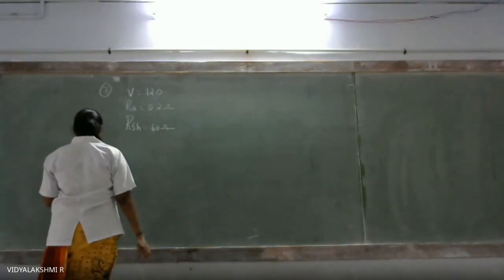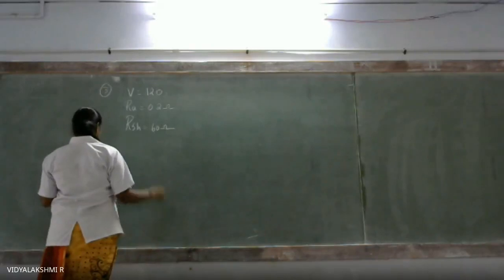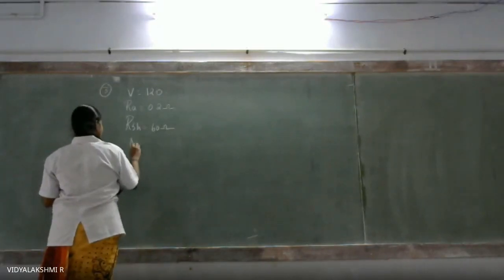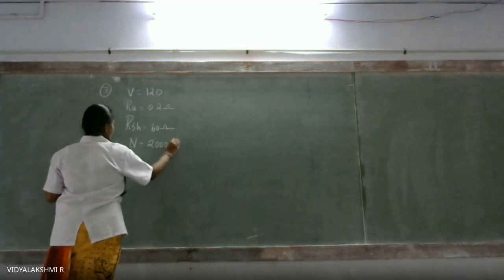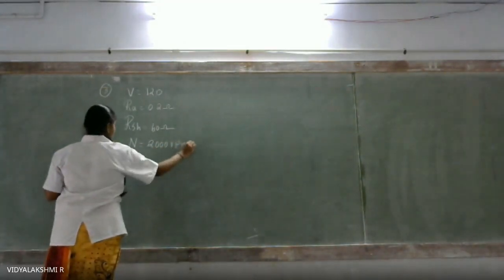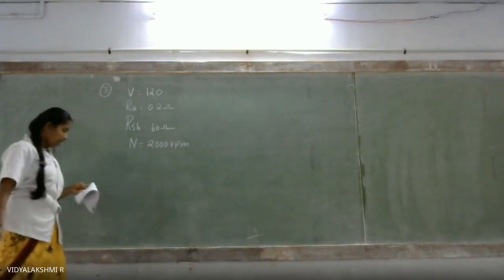Then it runs at 2000 RPM, N is equal to 2000 RPM, and then they told to find out the off load condition.